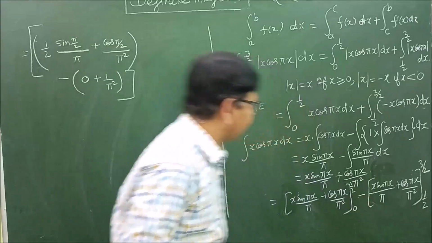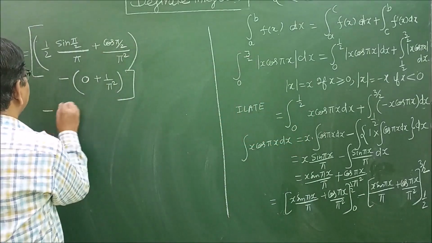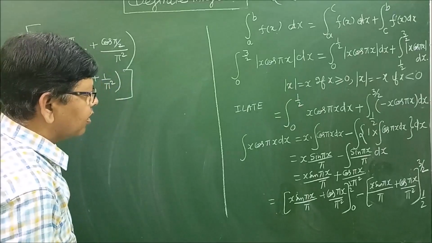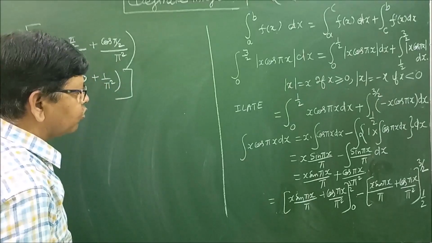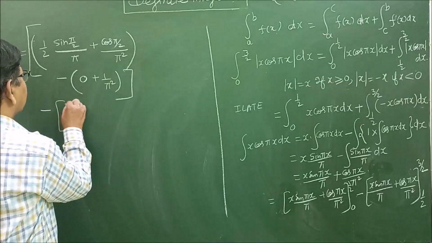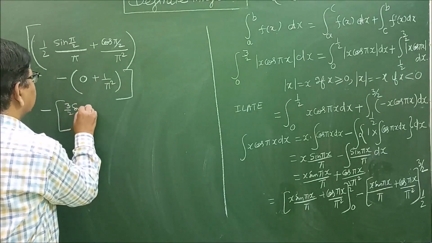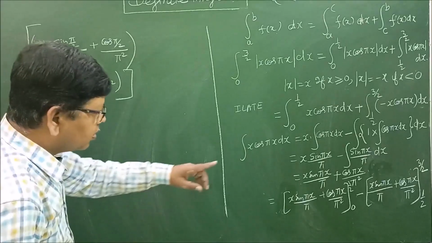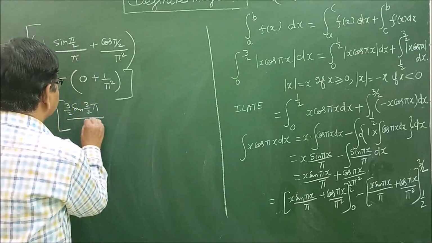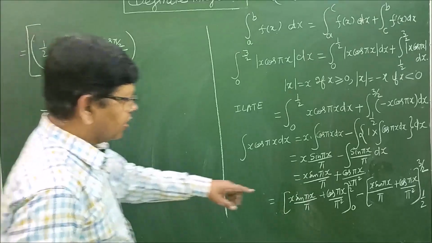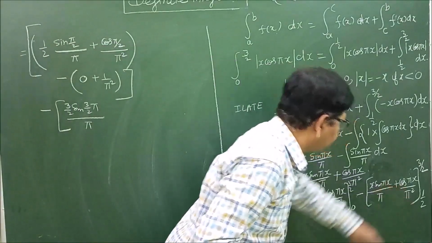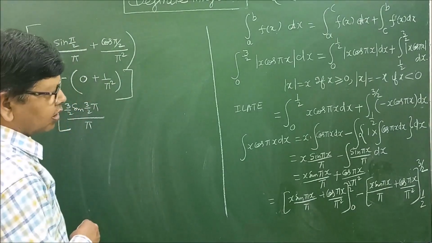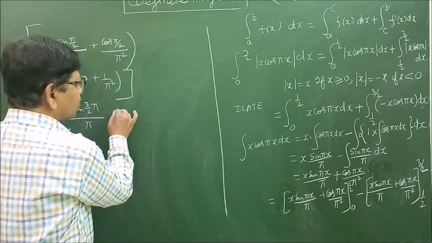Now in the second bracket, minus sign, putting x is equal to 3 by 2, we get 3 by 2 sin 3 pi by 2 upon pi, and then cos 3 pi by 2 upon pi square.